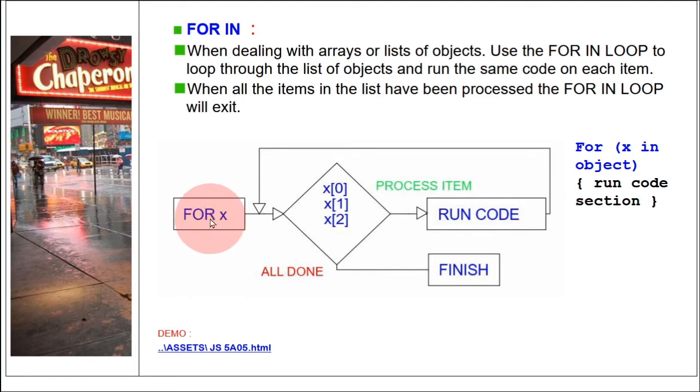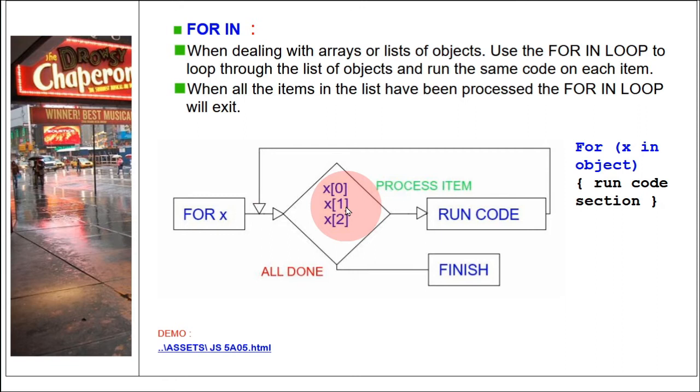We'll say for x, where x is the name of your array, for the first object in x, which is x bracket 0, run the code, then loop back, and then do it for the next car in the array.